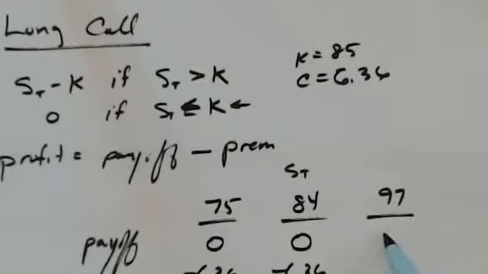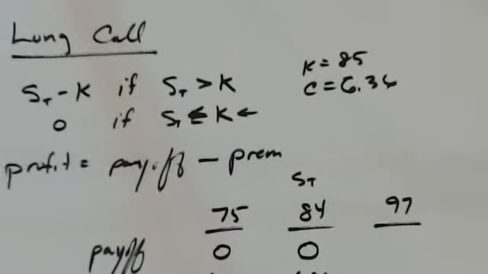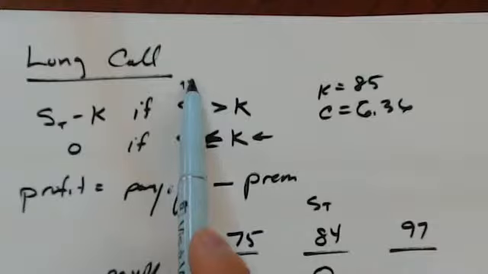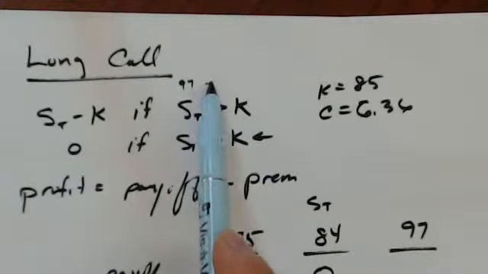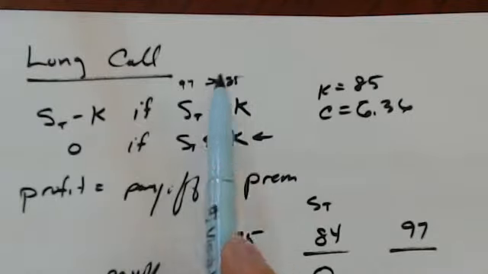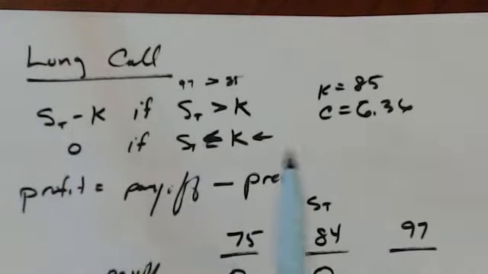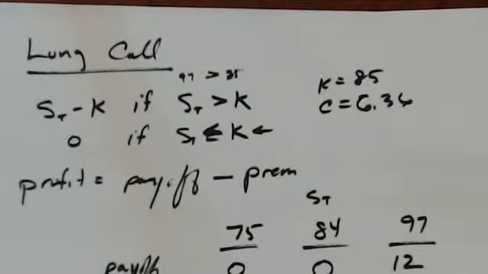Now, what happens if the stock is at 97 at expiration? Wow, so at 97, the stock price is greater than 85, and the difference between these two numbers is the payoff. It's going to be $12, 97 minus 85.